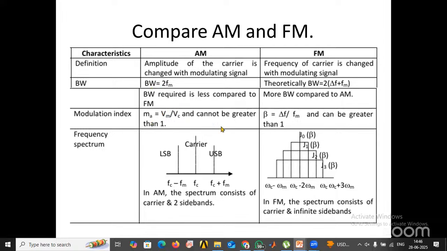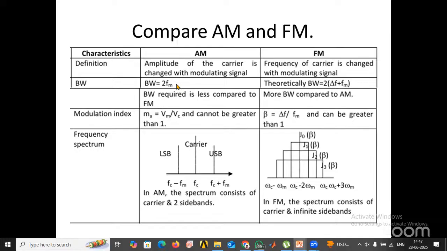So, the basic differences between AM and FM. In FM, the amplitude of the carrier remains constant, whereas in AM the amplitude of the carrier is varied with respect to the modulating signal. In the case of FM, the frequency of the carrier is varied with respect to the message signal amplitude.